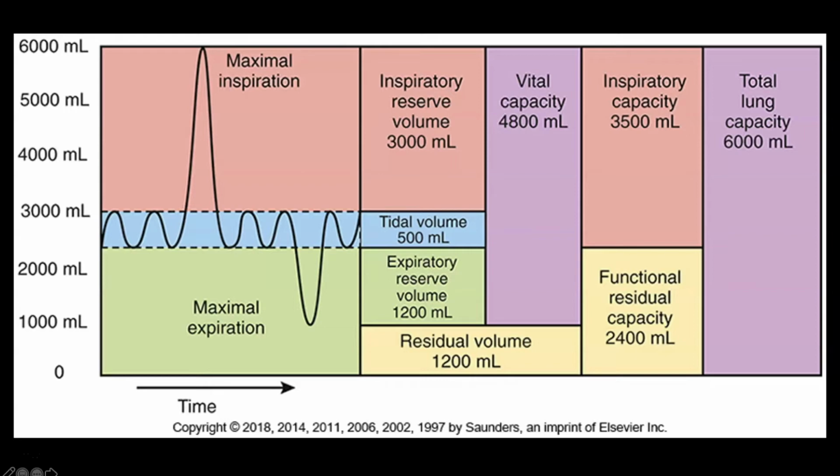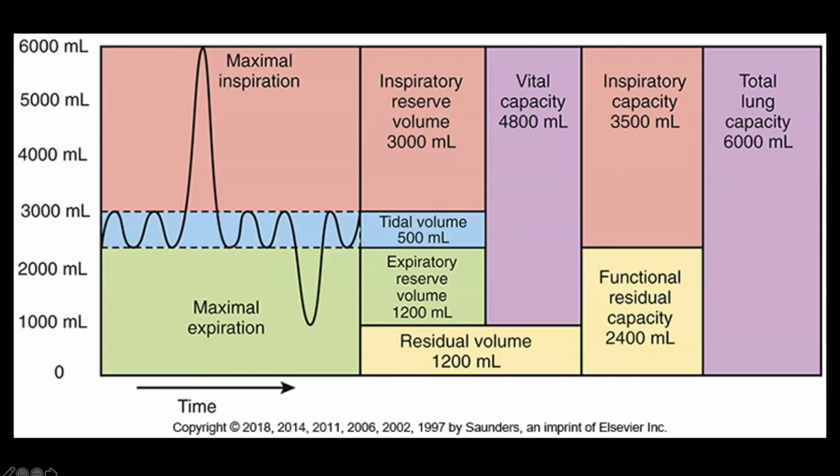Our vital capacity is the total amount that we can inhale and exhale. Okay, so that's that first purple bar there, vital capacity. Inspiratory capacity is our tidal volume plus our inspiratory reserve, and then the total lung capacity is over on the right-hand side. So when we're talking about some of these different pieces here with our asthmatic, this is something to keep in mind, the different areas that we're talking about.